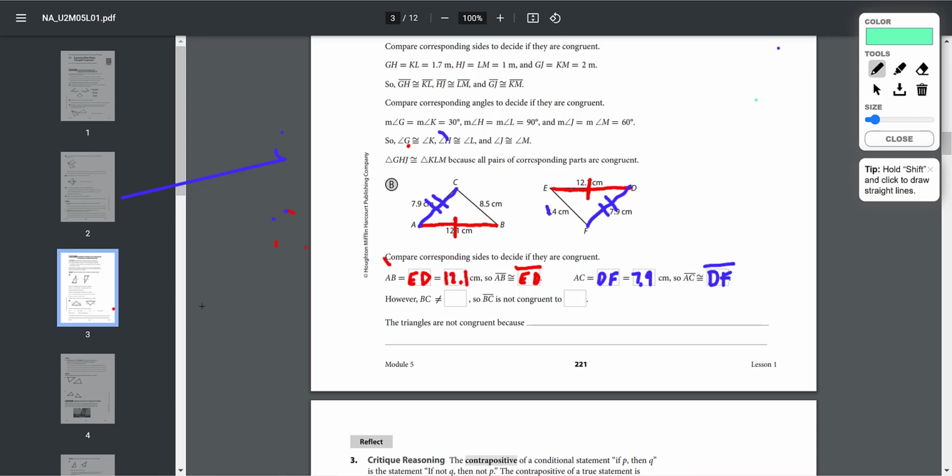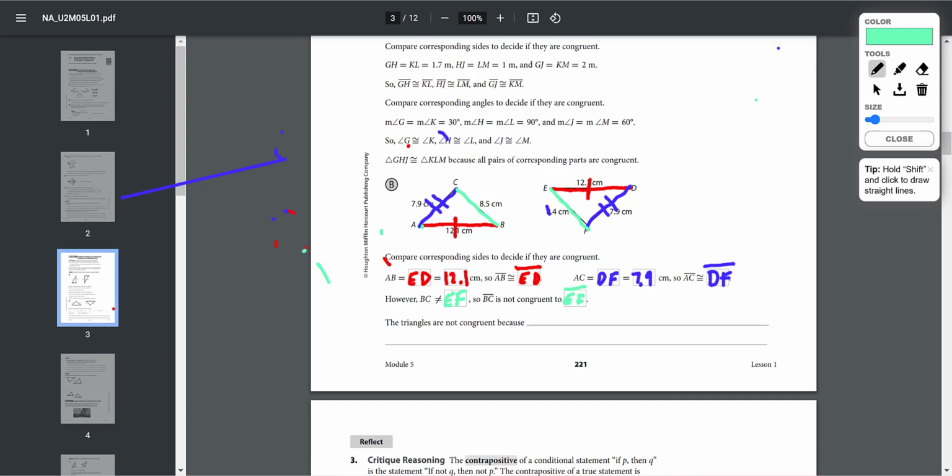But then we get stopped at this last segment, because the distance from B to C is 8.5. And of course, that's not equal to the distance from E to F, which is 8.4. So those distances are not equal. Segment BC is not congruent to segment EF.